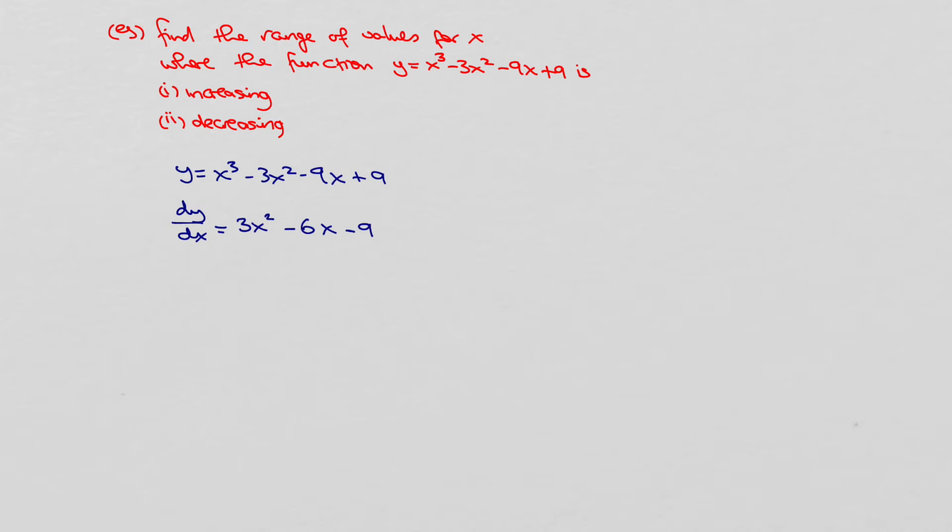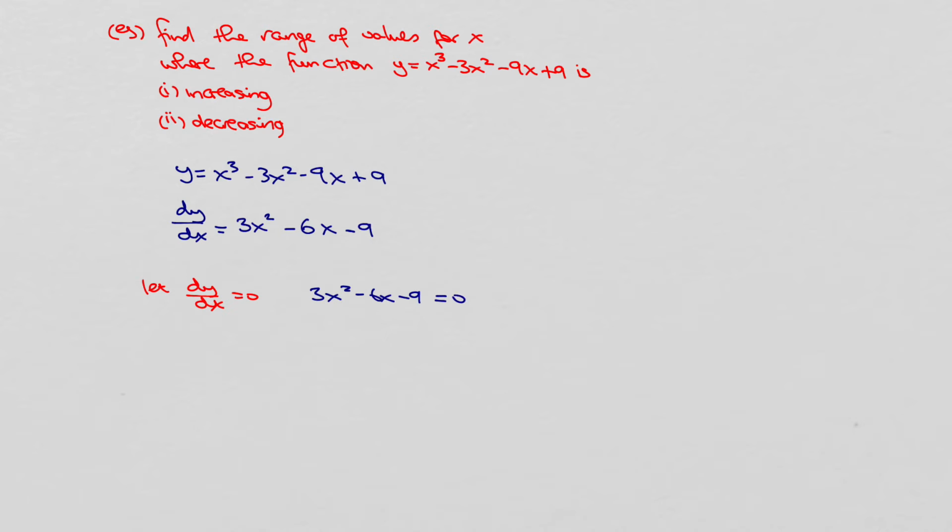So my first derivative is 3x squared minus 6x minus 9. I must now find where this is greater than 0 if it's increasing and less than 0 if it's decreasing. First of all, I'll let dy/dx equal 0, and then we'll apply the inequality.